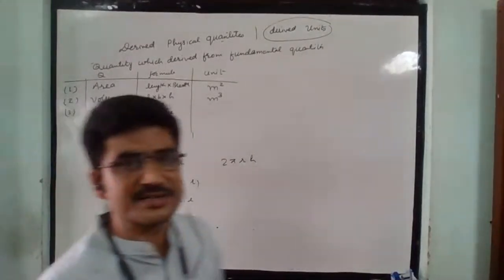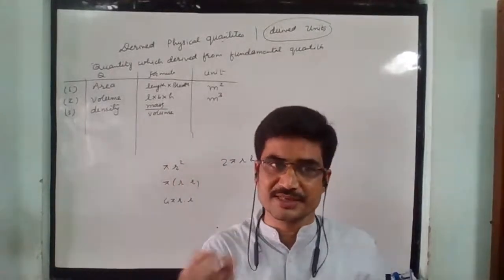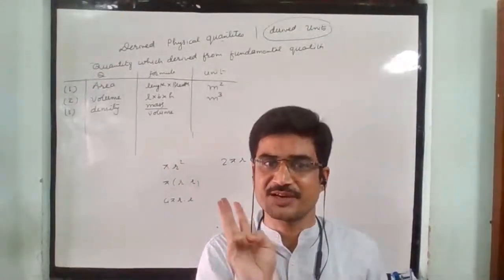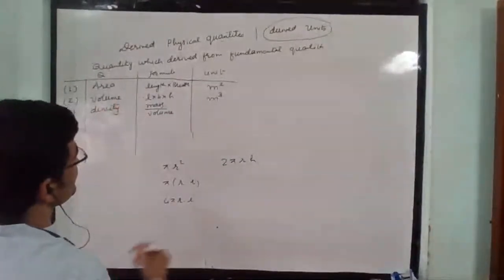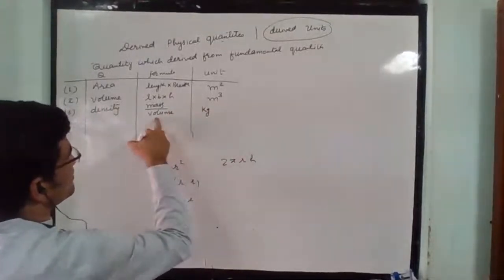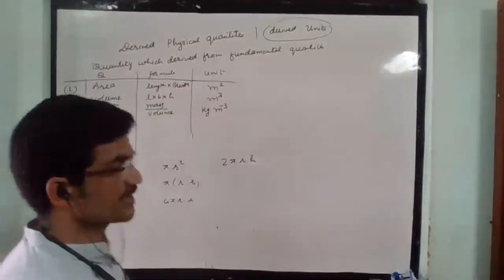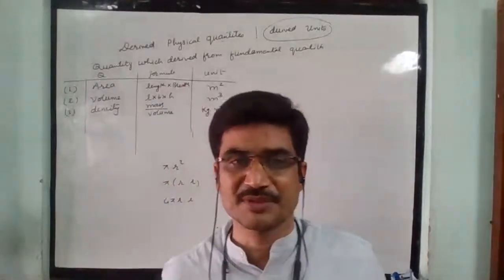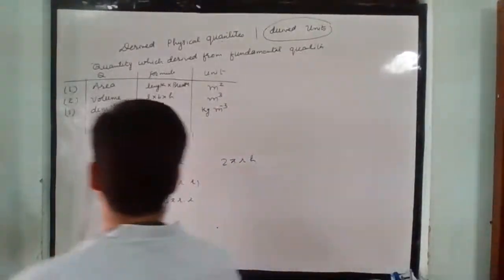Here mass is a fundamental quantity, and volume is a derived quantity of three lengths that we have just seen. So we get mass in kg divided by volume, kg per meter cube. That is density.